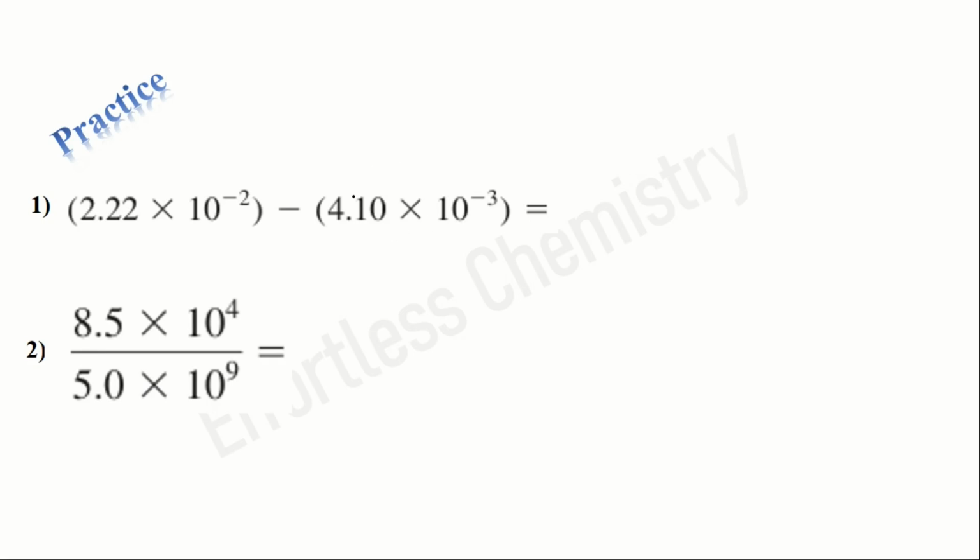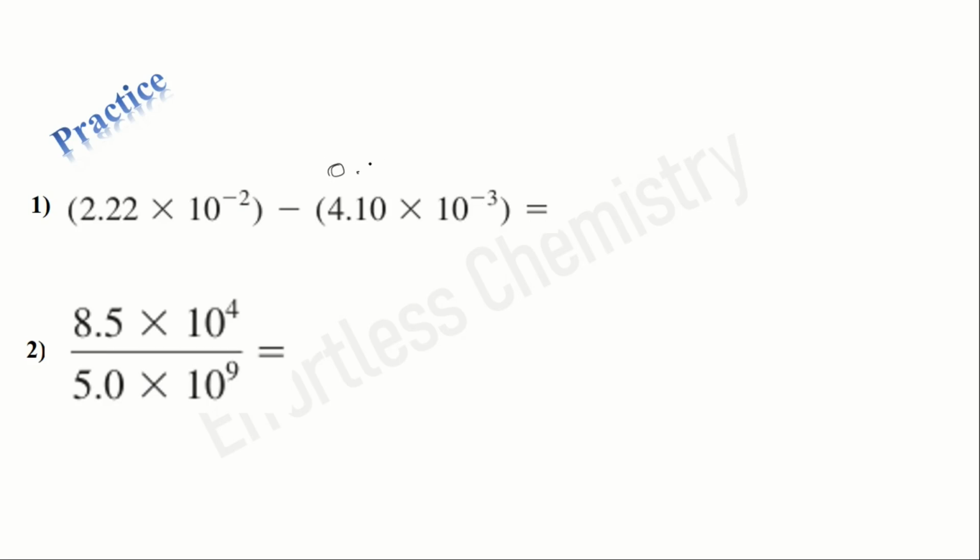So in this case, for this digit, I want to make the exponent equal to this one. So I will write this number like that. I will move the decimal point one number to the left, and we have plus 1, which is added to minus 3.